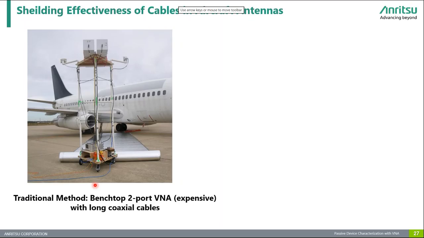While this setup can deliver accurate results, it's often cumbersome, expensive, and logistically challenging, especially when working in tight or complex aircraft environments. These long cables introduce additional losses and potential measurement errors, and the equipment setup can be time consuming.